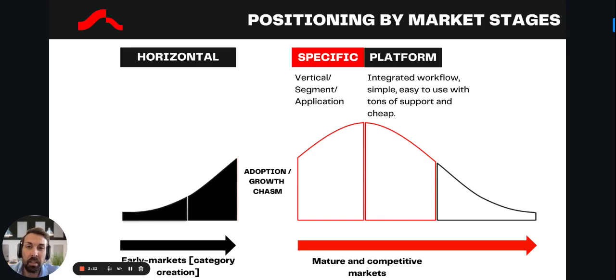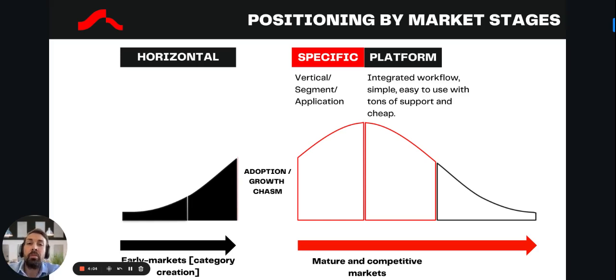You can expect at least 64% of any given market to be in the mainstream, whereas early markets are just 15, 16%. So the more specific you go, the earlier you can cross to the mainstream, and the more ready. I mean, you need to get your product ready, complete your product, and we will talk a lot about completing a product. So if you want to cross to the mainstream, you have to be more specific.